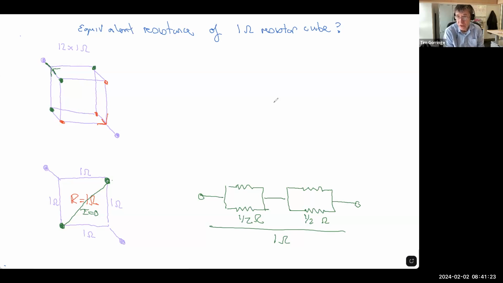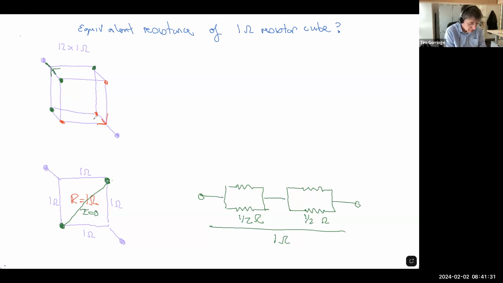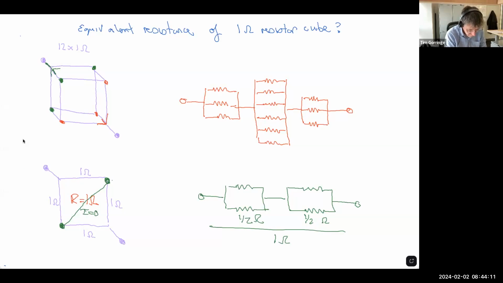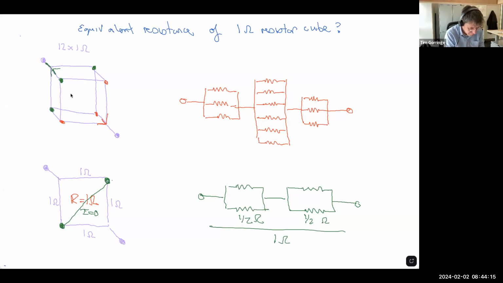Once we redraw the circuit with these extra wires that we've noted we could insert because of the symmetry of the cube, you'll see that this is a straightforward problem to solve. Okay, here's my equivalent circuit for the cube with these extra wires added.